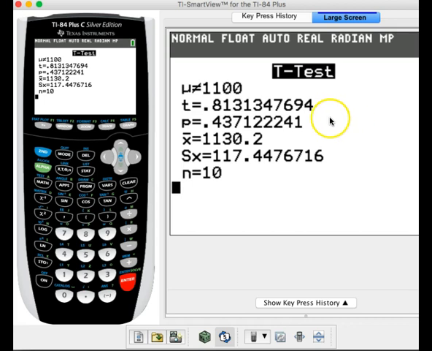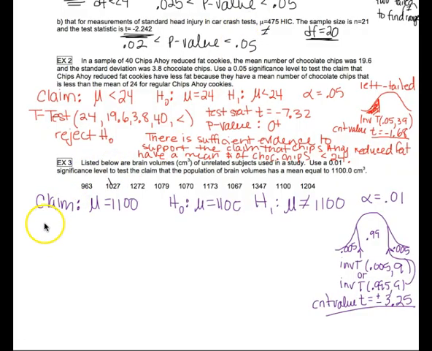And then that gives me my test statistic and my p-value. Notice this time my p-value is not in scientific notation, so that's helpful to us. So I've got 0.81 for my test statistic, 0.437 for my p-value. So I did t-test, and I did data this time. My mu sub 0 was 1100.